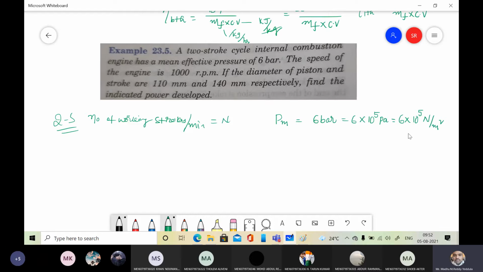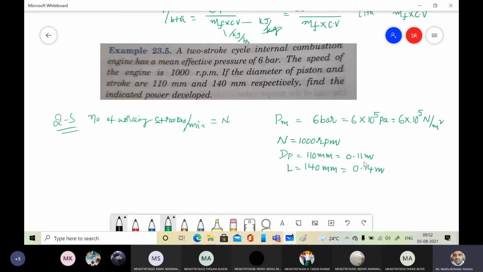The speed of the engine is given, N equals 1000 RPM. The diameter of the piston, capital D, is 110 mm, which in SI units is 0.11 meter, and the stroke length is 140 mm, which in SI units is 0.14 meter.